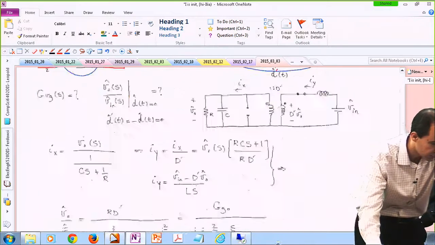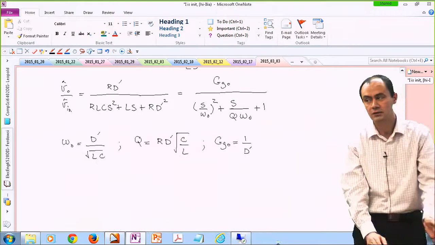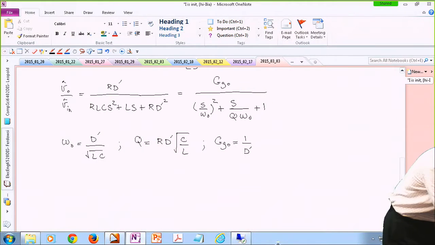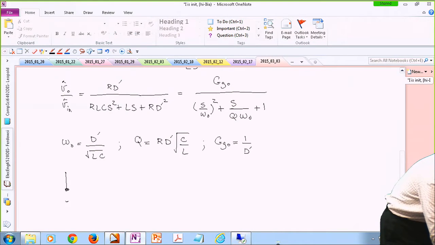I'm going to draw a different buck boost. I don't want to confuse you guys, but let's go with the very classic one. There's an inductor here, by the way.